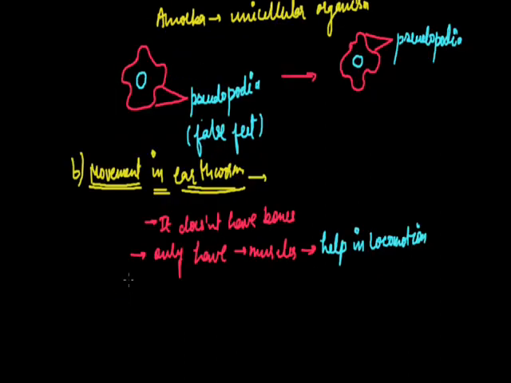In earthworm movement, one specialized organ also helps in movement, which is called seta. It's a hook-like chitinous structure.